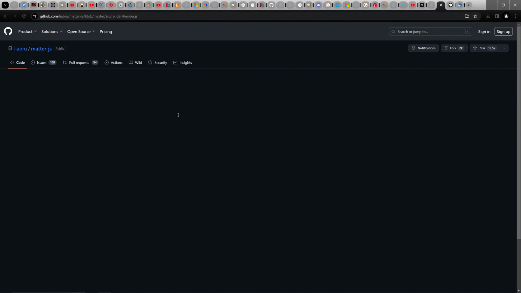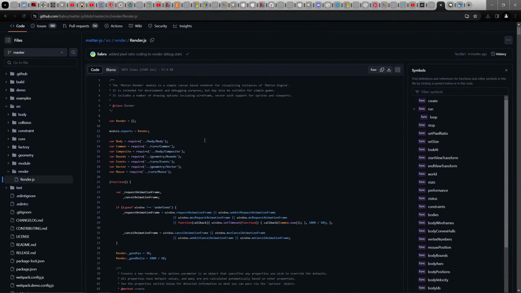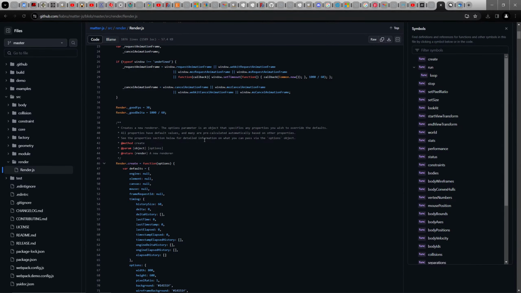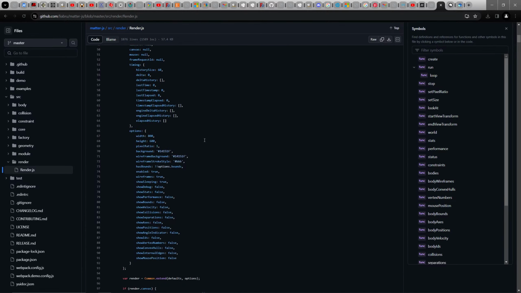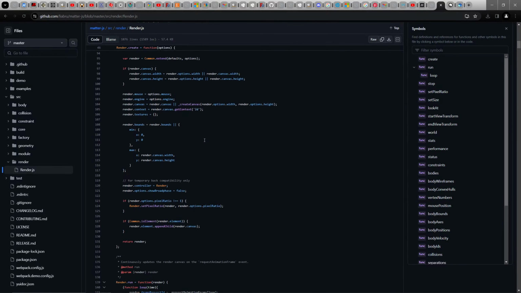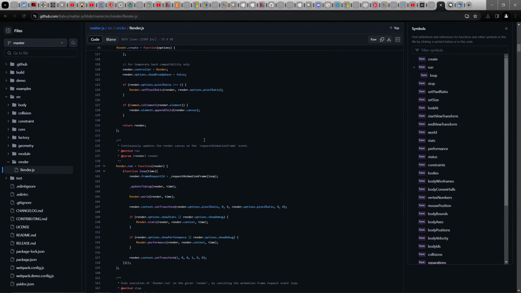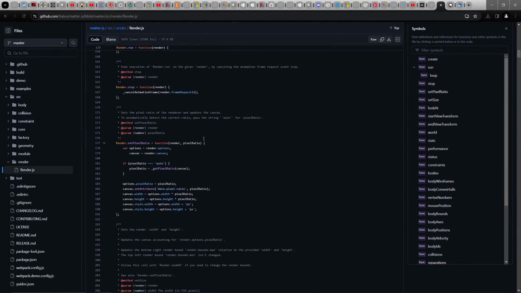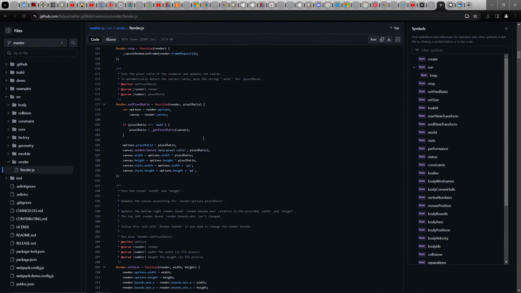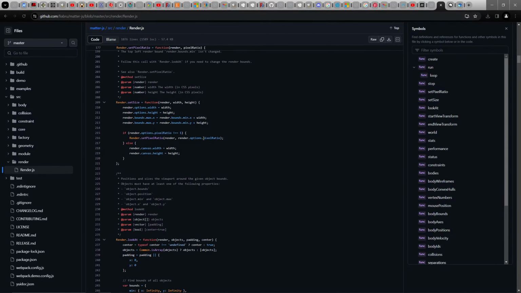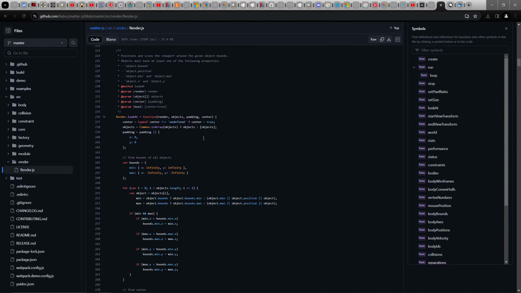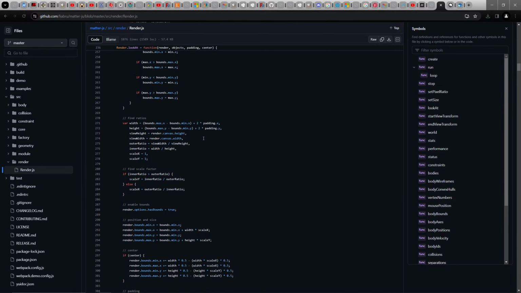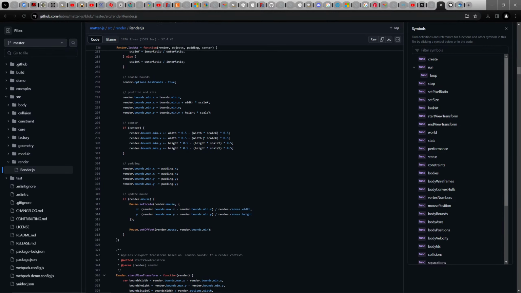Yeah, let's take a look. Matter.Render. Bounds controller. So it's using canvas, that much I saw. But how is it using canvas? That's what I'm interested in. For example, is it just using canvas by itself? Or is it using WebGL?